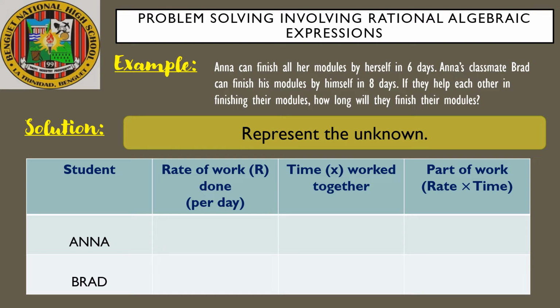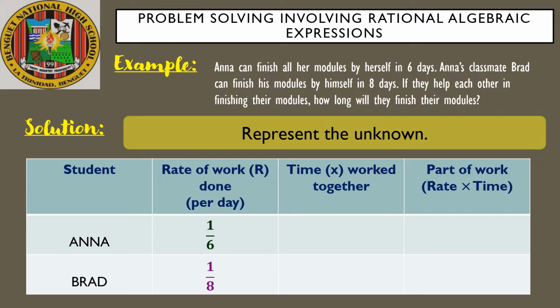In the second column, we write down the rate of work that each person does per day. We said that for Anna, her rate of work per day is described as 1 over 6, while Brad's is 1 over 8.